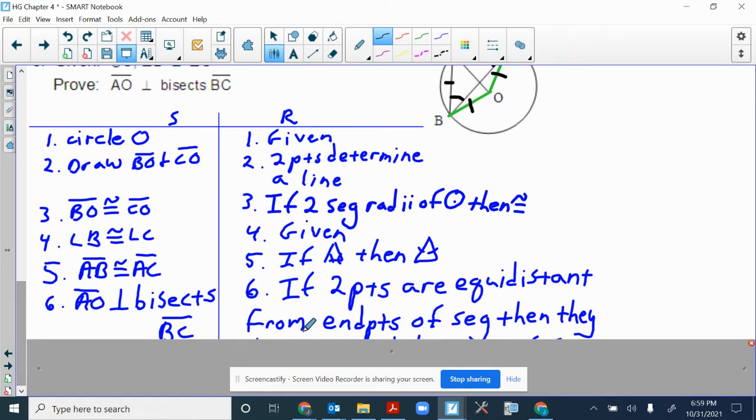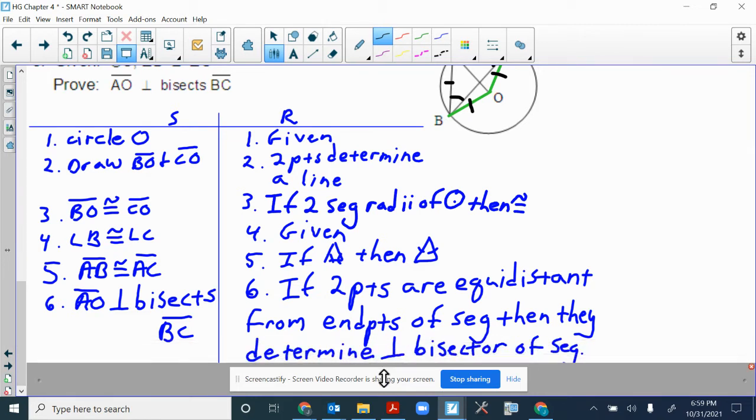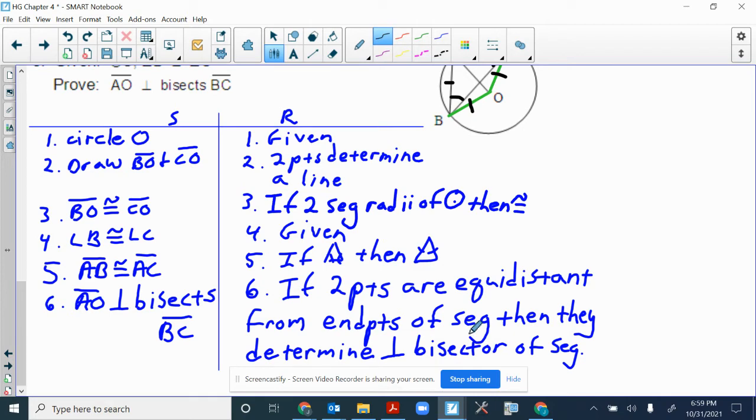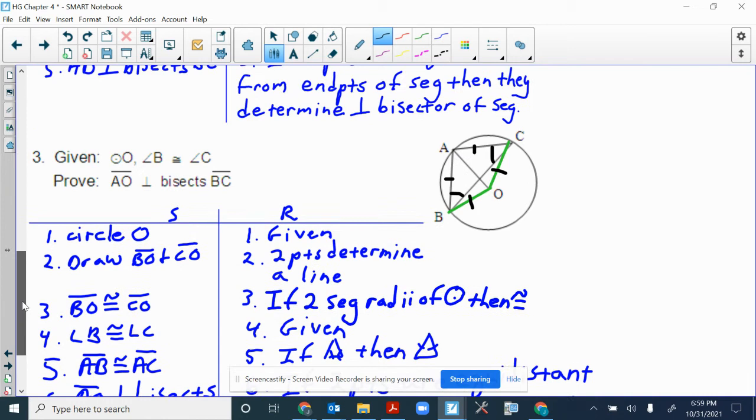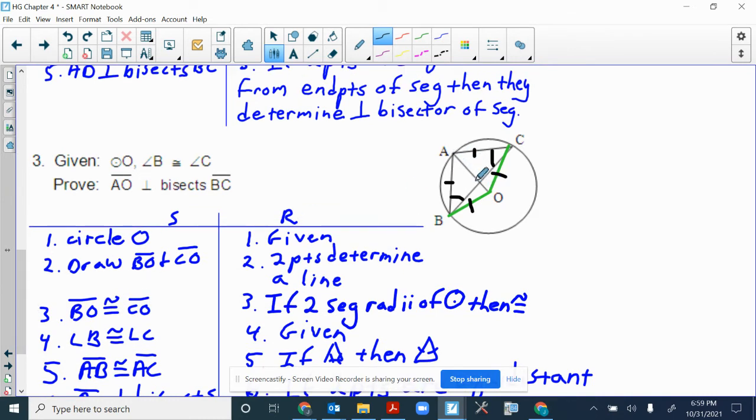because if 2 points are equidistant from endpoints of a segment, then they determine the perpendicular bisector of the segment. Technically, you could go the longer route, and you could, if you really wanted to, say AO is congruent to AO by the reflexive property.